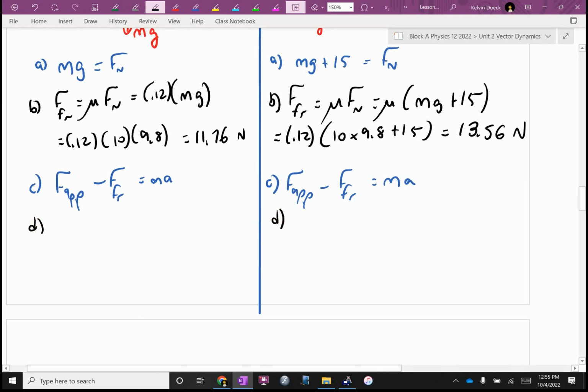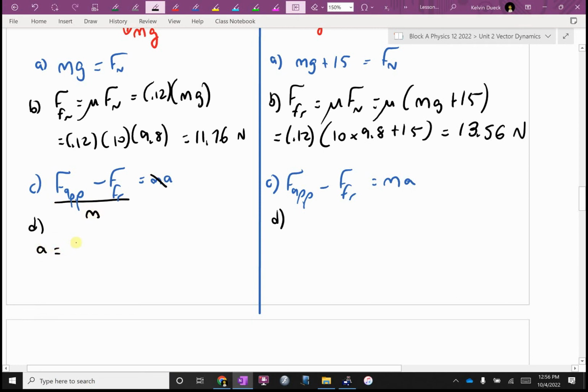Francesco, what does D want me to find? How would I get the A by itself? I'll move the M over. Because I'm lazy, I'm going to go chunk, chunk, and now I can go straight to numbers.